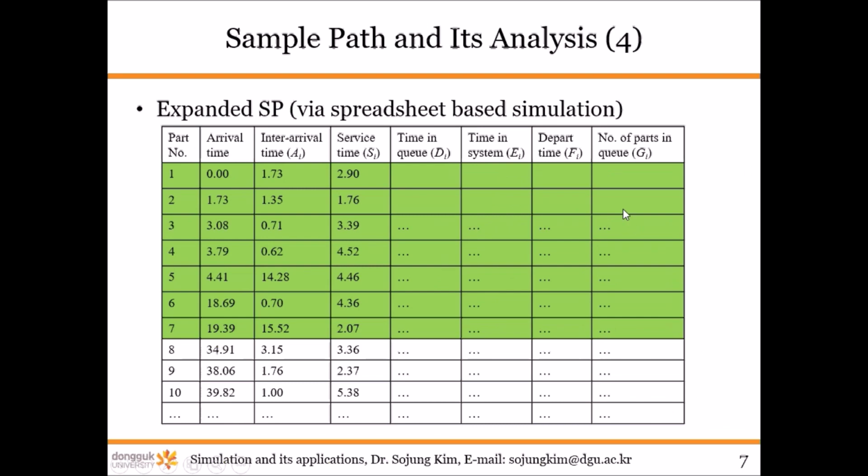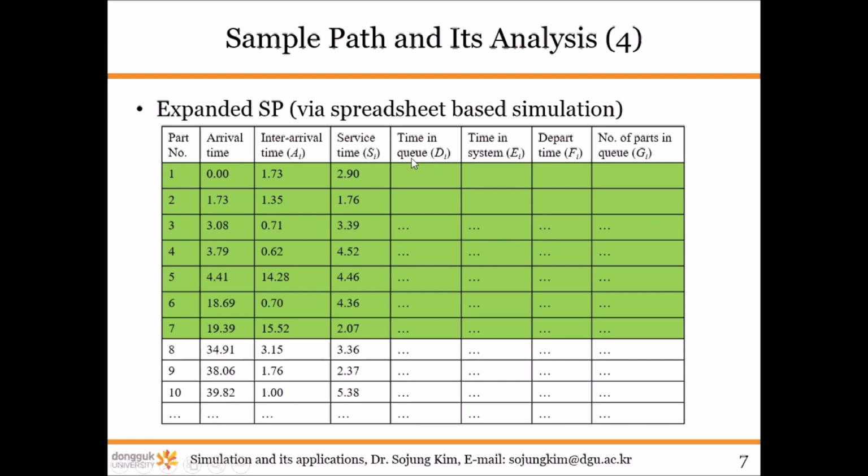Because we want to measure the other performances, you can expand the sample path. Now you can have the time in queue, time in system, departure time, and number of parts in the queue. Based on these three parameters, you can calculate all these numbers, believe it or not. So let's see.